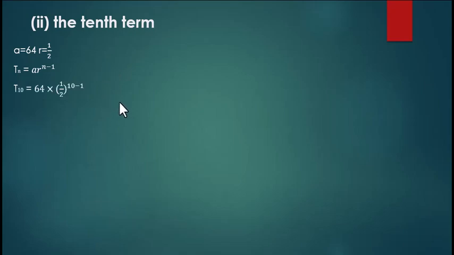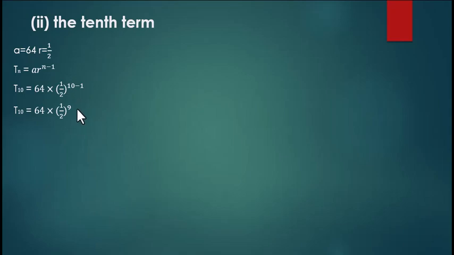We're told to find the 10th term, so we have 64 open bracket 1 over 2 to the power 10 minus 1, which is 1 half to the power 9.